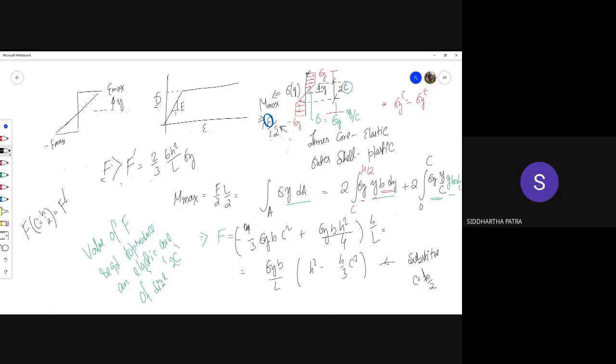Now, can you answer this question? What is the maximum load bearing capacity of the beam? And that would also answer why we are only focusing our understanding on the middle cross section.